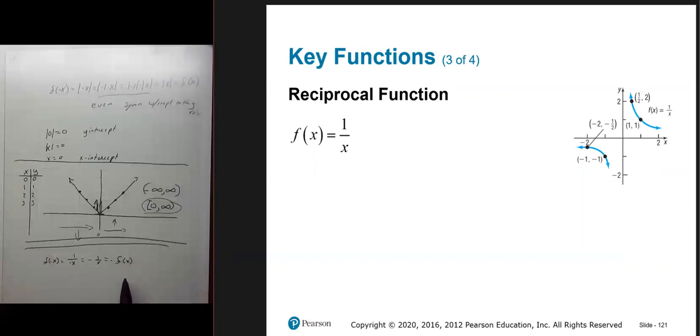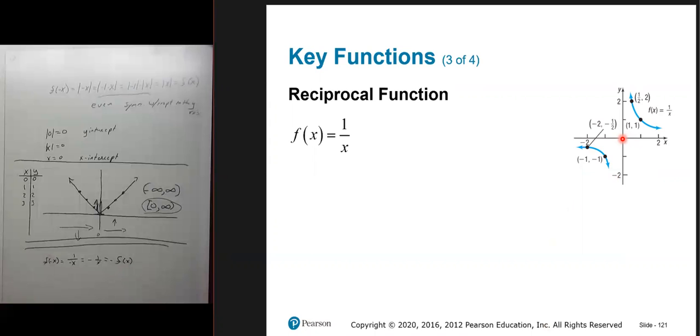So that makes it an odd function, which means it's symmetric with respect to the origin, but the origin is not part of the graph. As a matter of fact, this graph has no intercepts, either x-intercepts or y-intercepts.